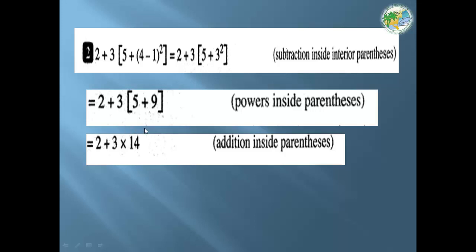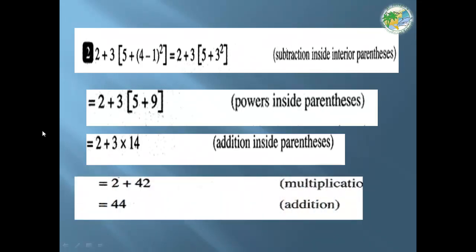Multiplication, division, addition, subtraction. We have multiplication or division, the same order. So here, multiplication first: we solve the multiplication 3 times 14. After we finish, add 2. So here 3 times 14 equal 42 plus 2 equal 44.